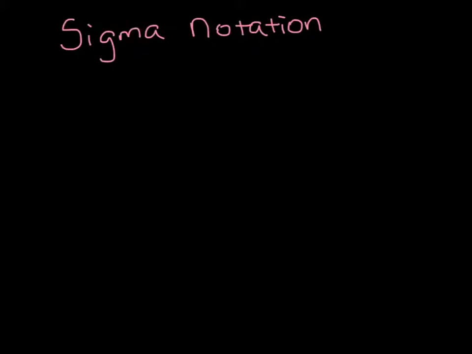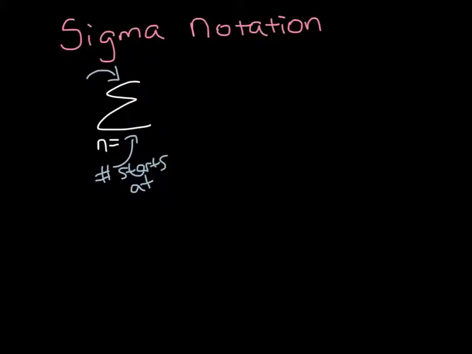Just like with arithmetic series, we can use sigma notation to describe a geometric series. So again, the way this works is you have your sigma sign, your variable, and then the number it starts at. On top of the sigma, you have the number it ends at.